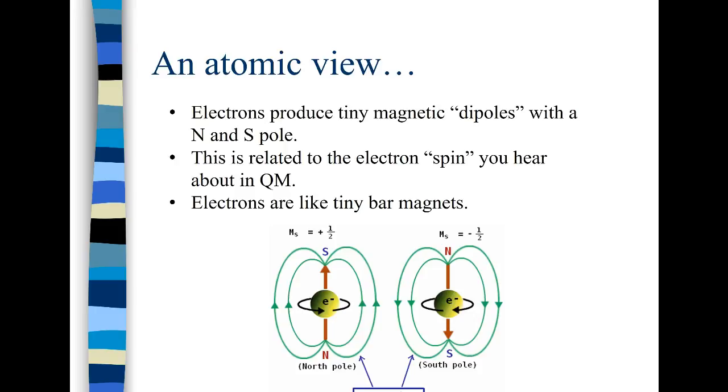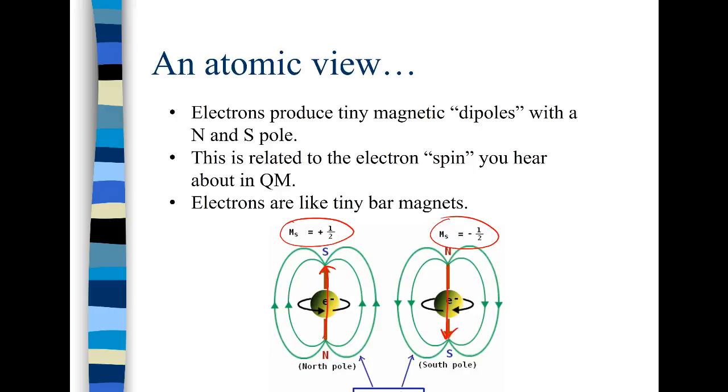So you can see that this has a spin of +1/2 and a spin of -1/2. And so one way to think about an electron is that every single electron is like a tiny bar magnet. And this arrow right here sort of represents that bar magnet. Okay? And you can also see in green the magnetic field lines.